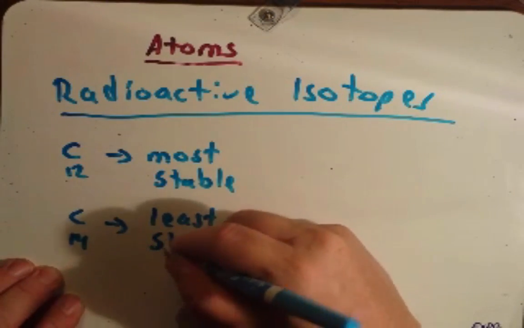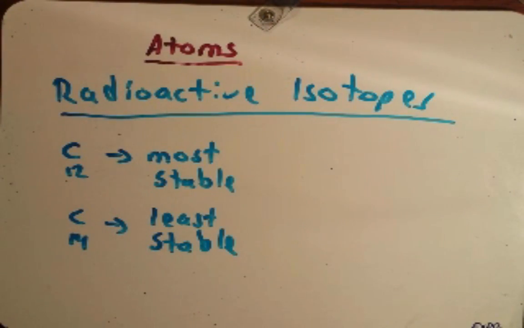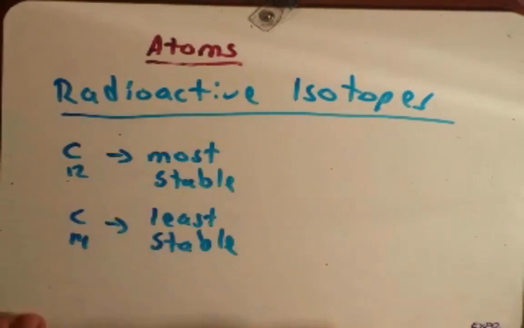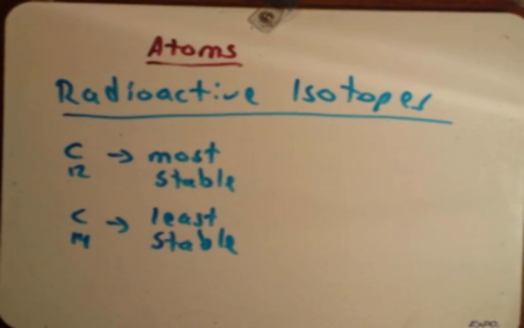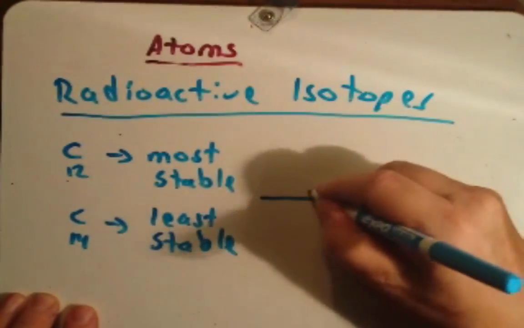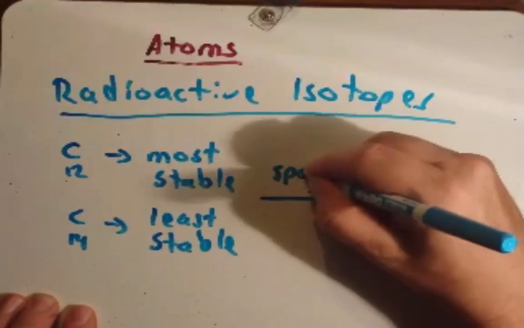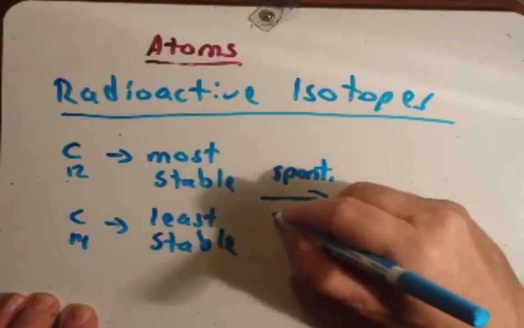Than carbon-12, I should say. And remember I said we still call both of these carbon because the number of protons doesn't change. But the moment the number of protons changes, that atom becomes a different atom. And that happens because of spontaneous decay.